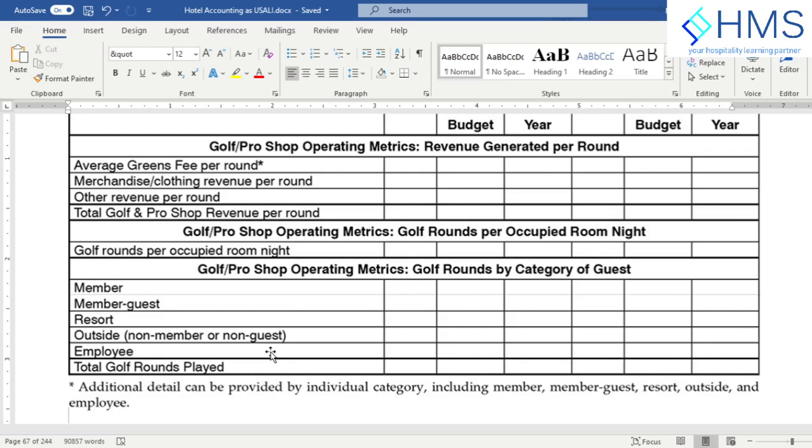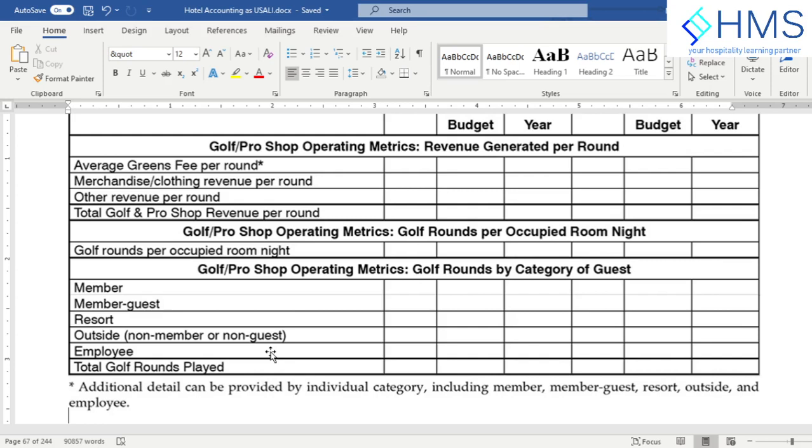However, the general property management systems are not able to keep up with all the details. So there are specialized POS systems which are used by golf clubs or by the spa to be able to generate these statistics which we are discussing now.